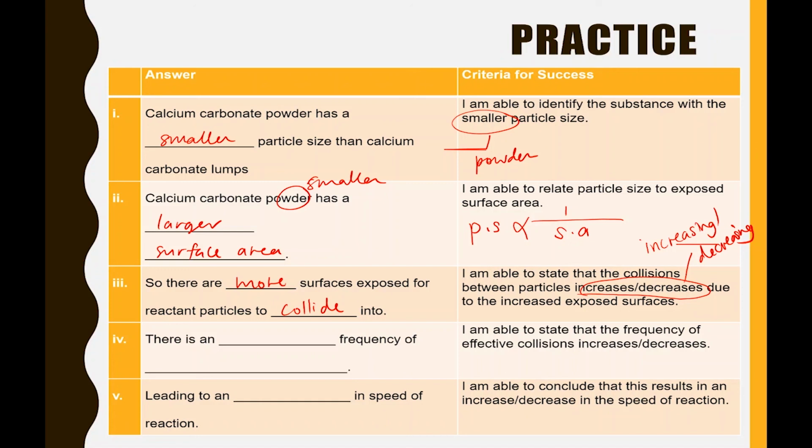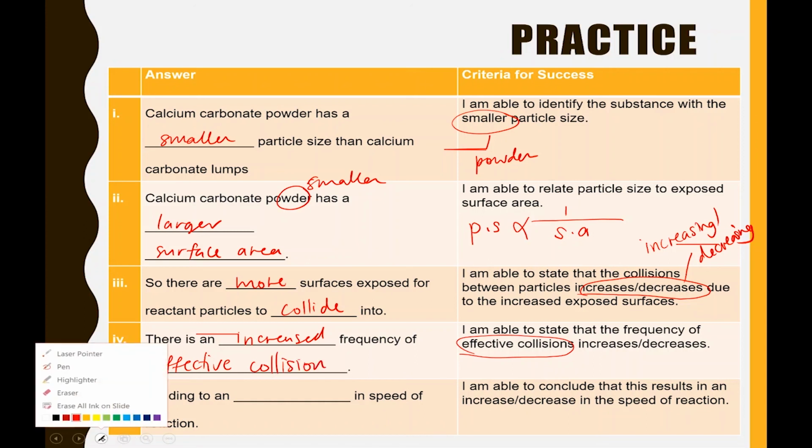Then, if there are more collisions, there are more effective collisions. There is an increased frequency of effective collision. I don't think you can read my handwriting there, so let me try and make it better.